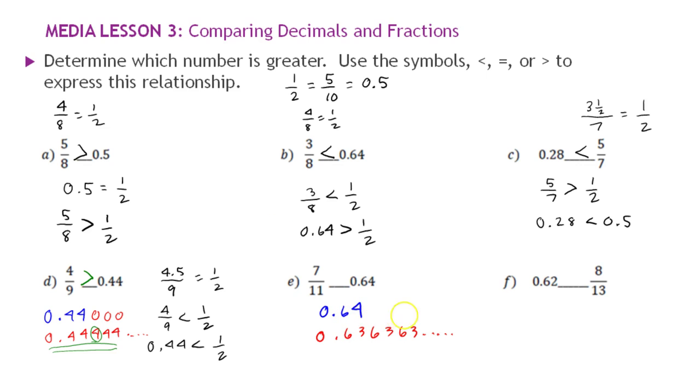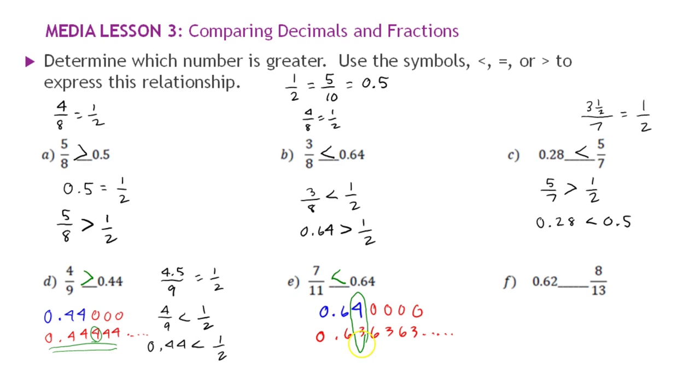Okay. Now let's put in our placeholders. And we'll compare these from left to right. So here the digits are the same. They're both 6. Here the digits differ. Okay. So 4 is greater than 3, so that means 0.64 is greater than 7/11.